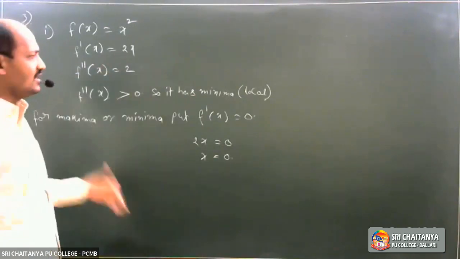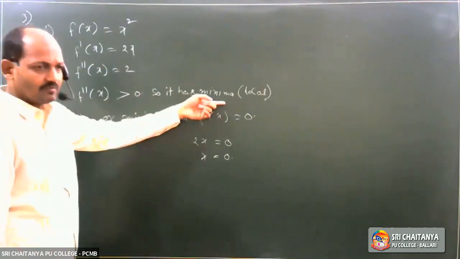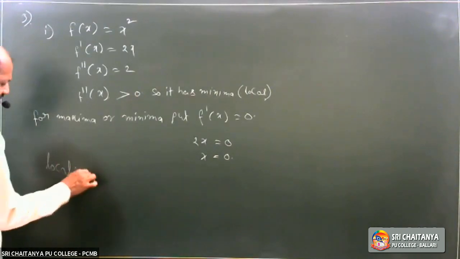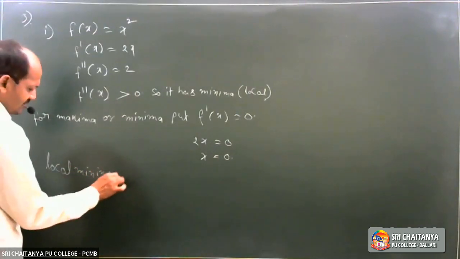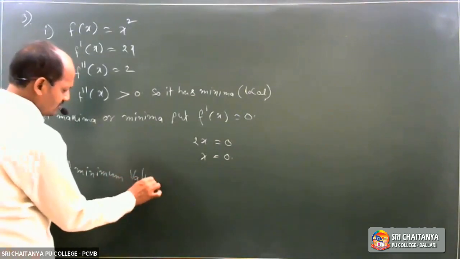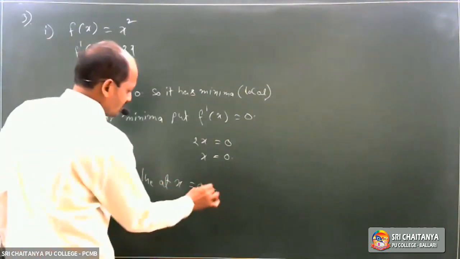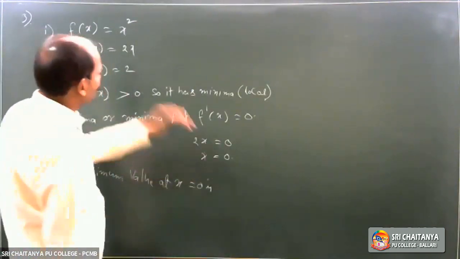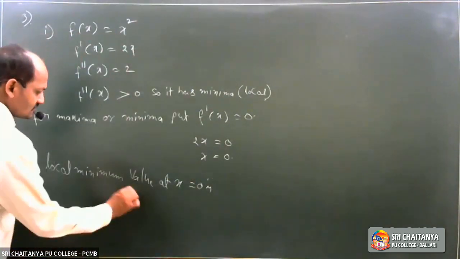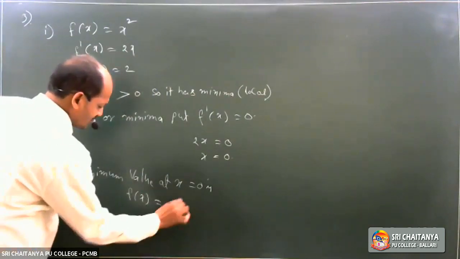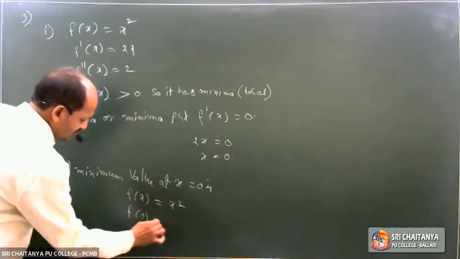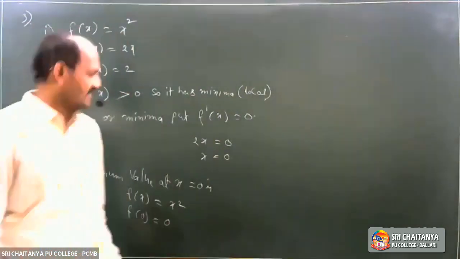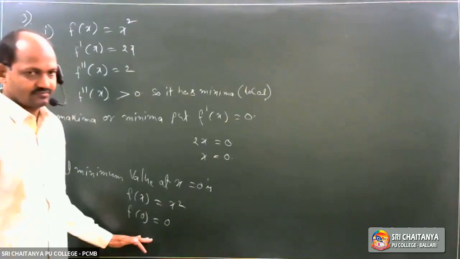It has a minimum, so how to find the local minimum value at x equal to 0? Substitute x equal to 0 in the given function. F of x is equal to x square, so f of 0 is equal to 0.